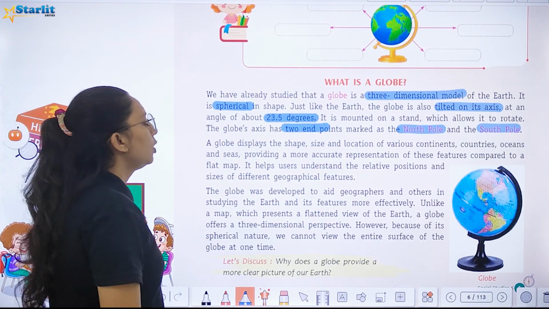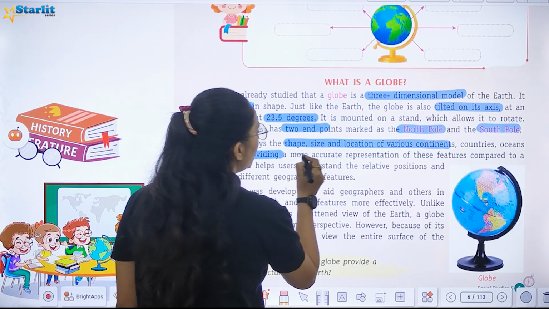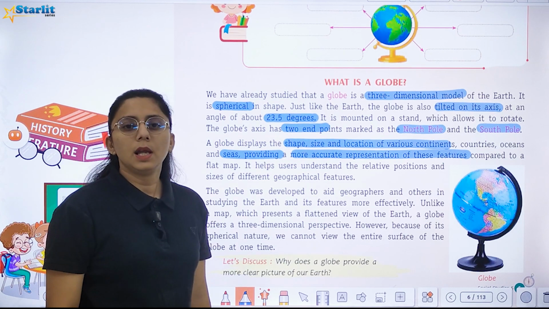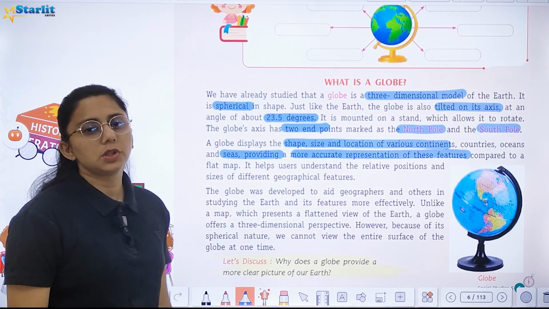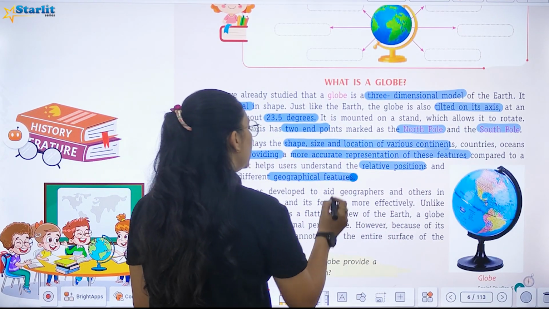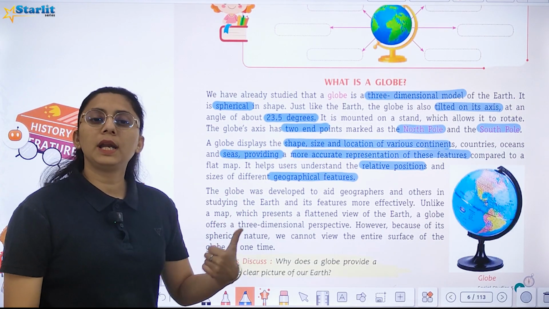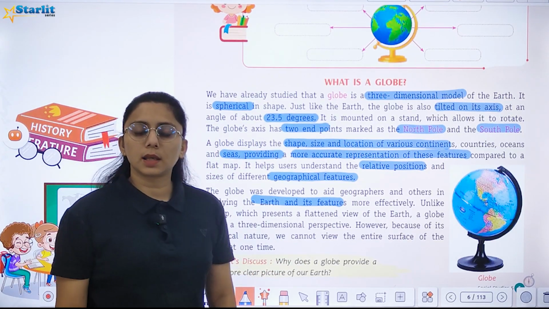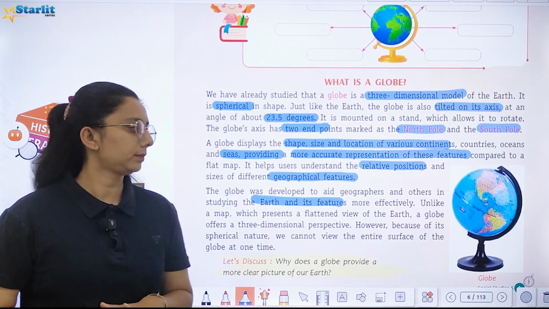Right? Next, a globe displays shape, size, location of various continents, countries, oceans, seas, providing more accurate representation of these features compared to flat map. It helps us to understand relative position and size of different geographical positions. आप इससे क्या समझते हैं उसके relative position और उसके geographical features. So as you know that the globe was developed to aid geographers in studying earth and its features. जिससे हम अर्थ और उसके फीचर्स को efficiently अच्छे से समझ पाएं.